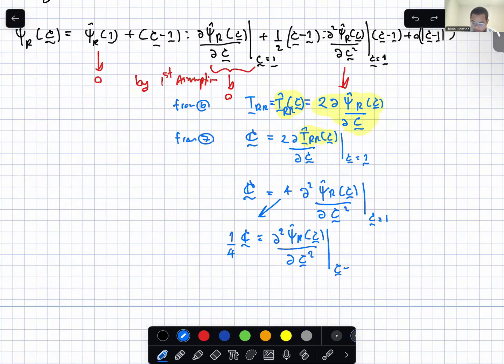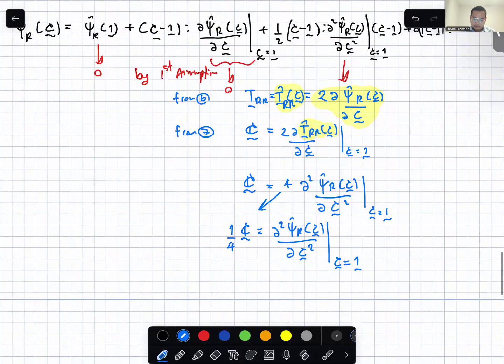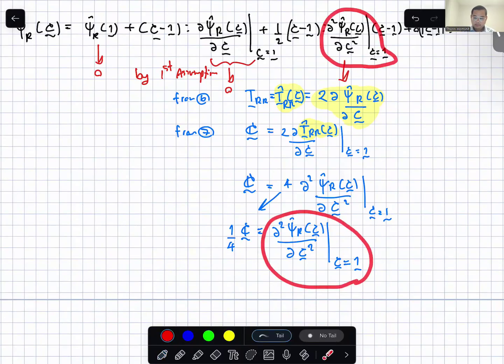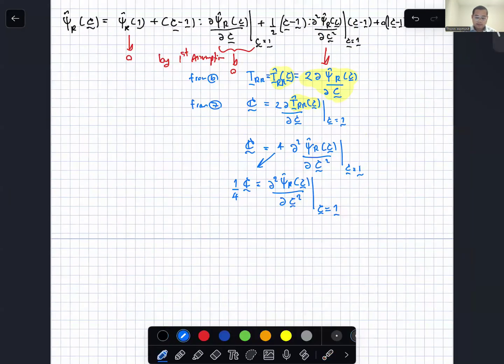Sorry, this one is a tensor. And now we can substitute this back in there. Now the estimation of the free energy function is going to be really nice.